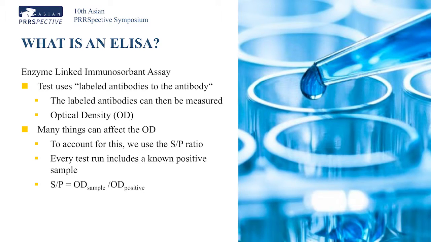The major test we use for PRRS serology is the ELISA. It's an enzyme-linked immunosorbent assay, which is a really long and technical term for a test that's been around for 30 plus years. What the ELISA does is it takes a specially made antibody with a special label on it. We then mix that antibody with some reagents and the swine serum.